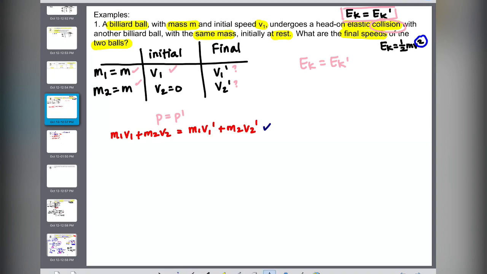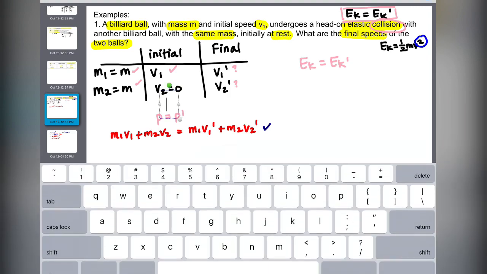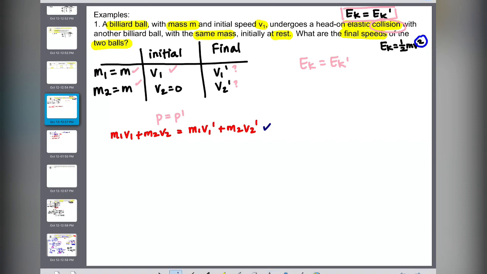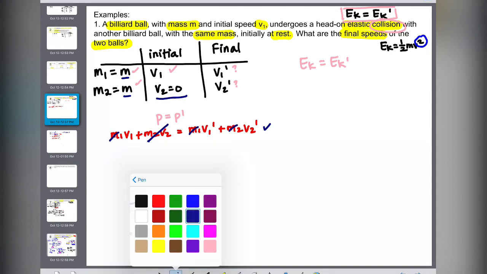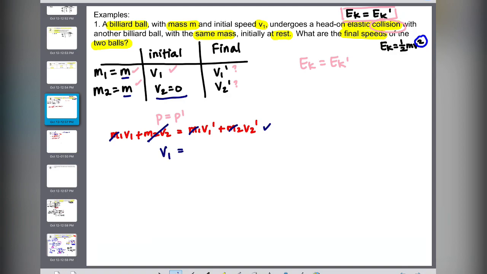We're still going to write the first equation first. V2 is 0, so this term is gone. All the masses are the same, so all the mass can cancel. So at this point, I have v1 equals v1 prime plus v2 prime.